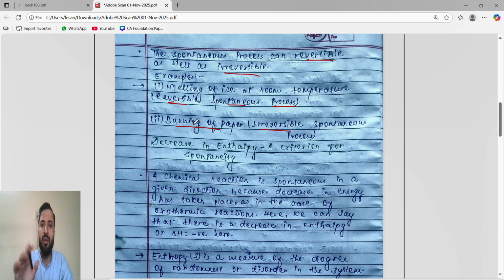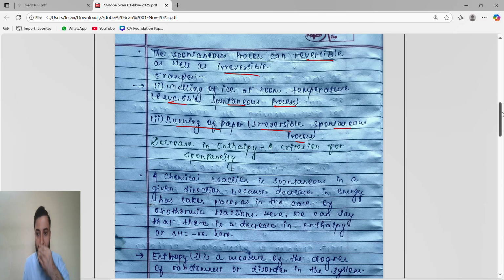Obviously once you burn the paper, starting we will trigger it by matchstick. Matchstick is an external source. That's done. Then the process will happen by its own. The paper will burn into ashes. Now from ashes we can't bring back the paper. So that's why burning of paper is an irreversible but spontaneous process.